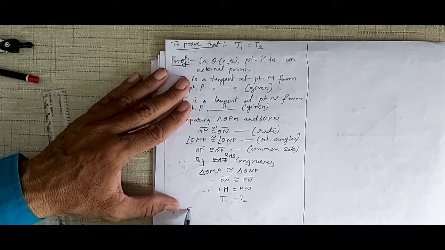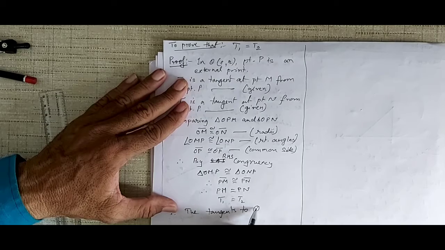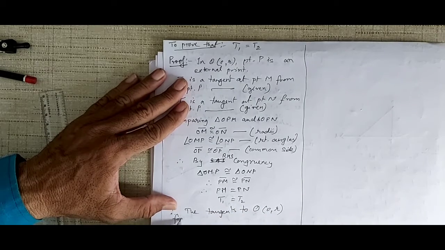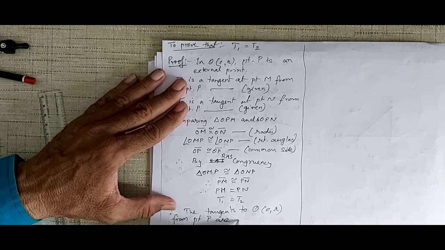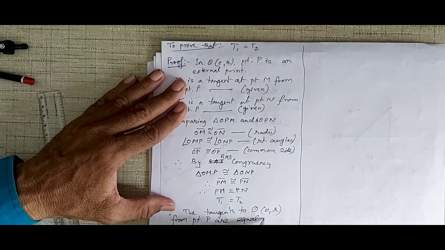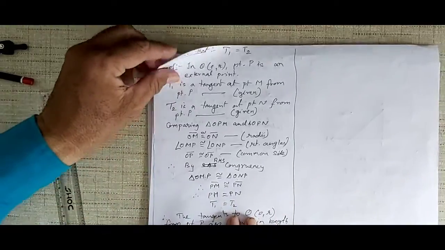Therefore, the tangents are congruent. The tangents to a circle with center O and radius R from point P are equal in length, or they are congruent. This is your theorem 10.2.